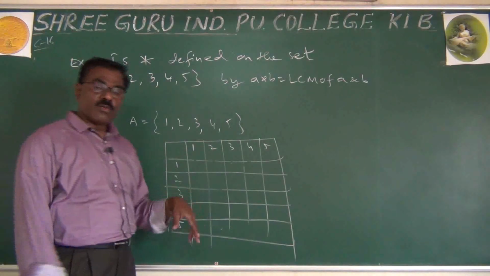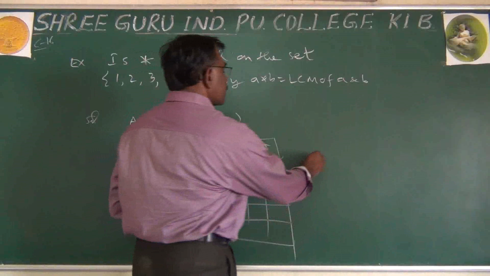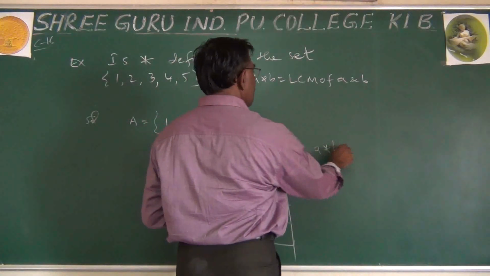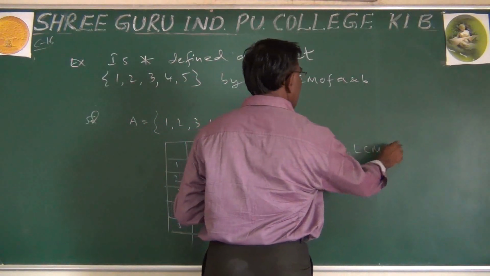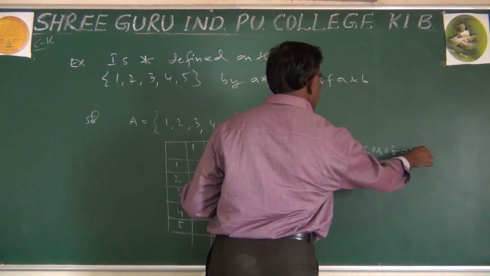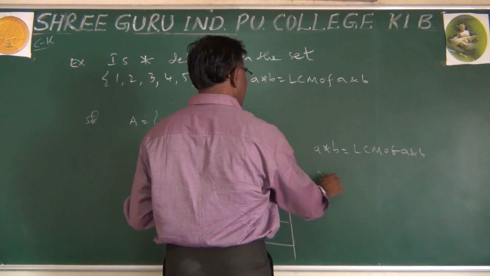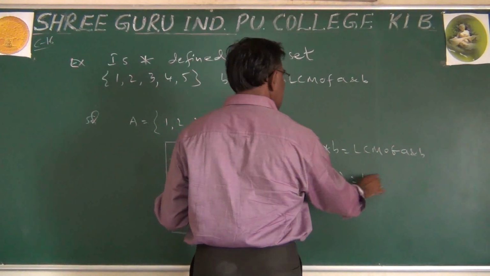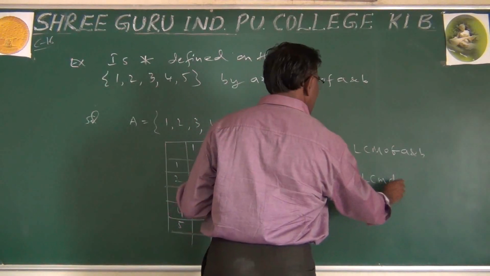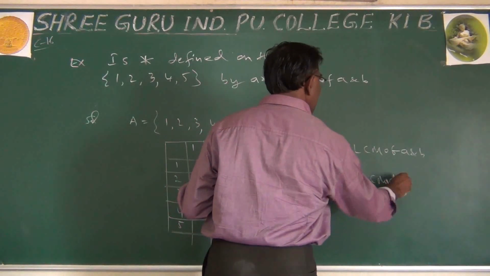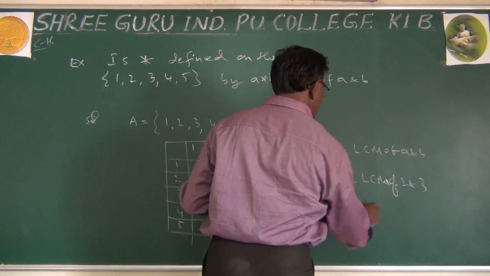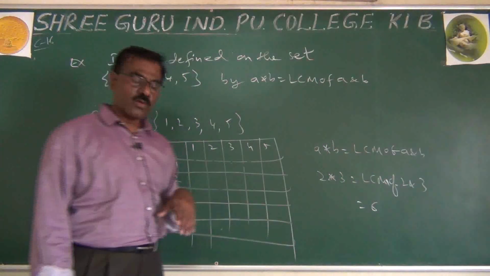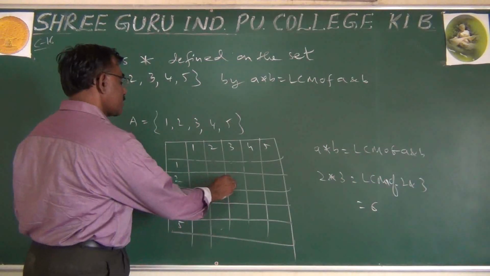A star B equals the LCM of A and B. Taking one example, 2 star 3 is the LCM of 2 and 3, which is 6.